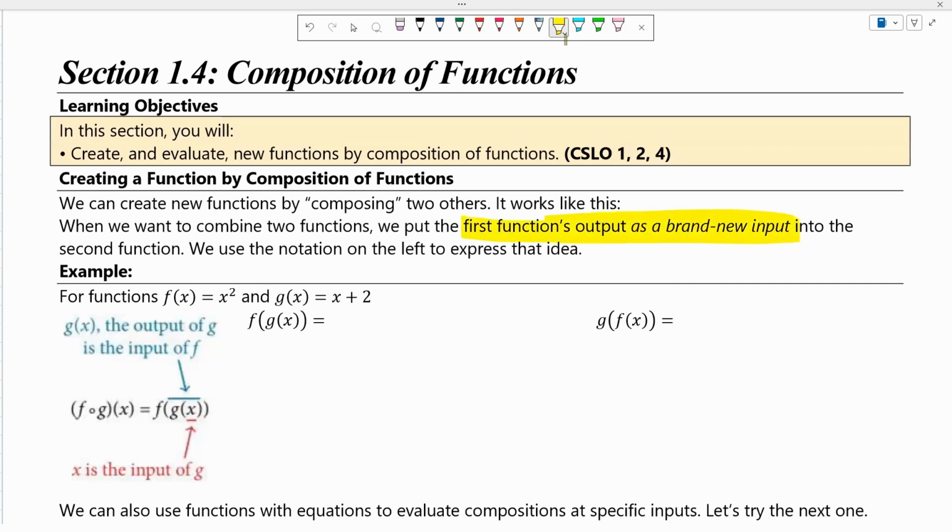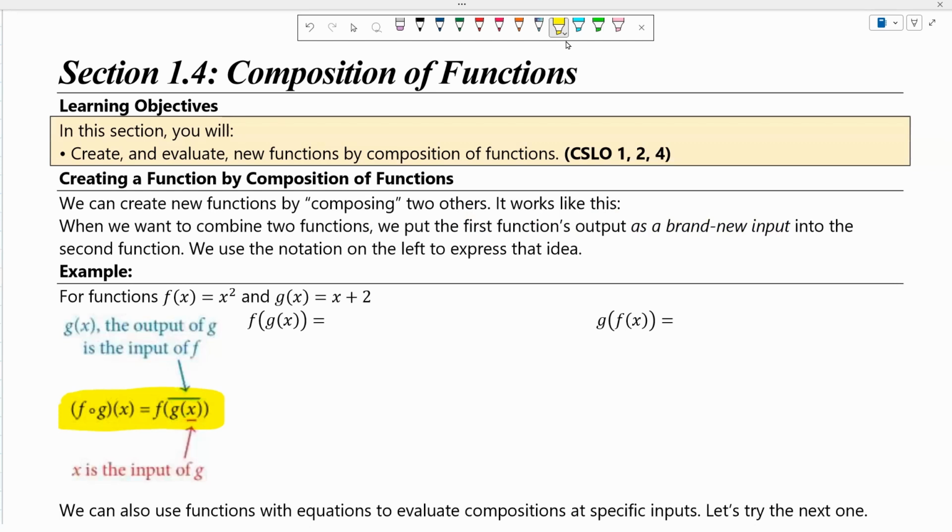That's exactly how we define the composition of functions. The first function's output is a brand new input into a second function. This is the notation that we use for said composition. Some of you might remember from high school, we might have called it f o g. There is a little circle there.